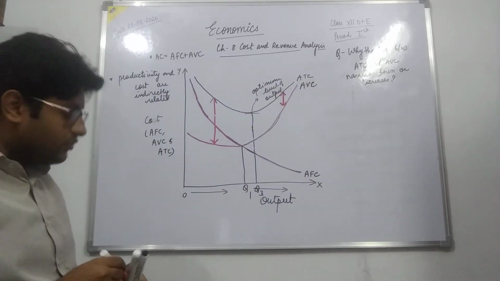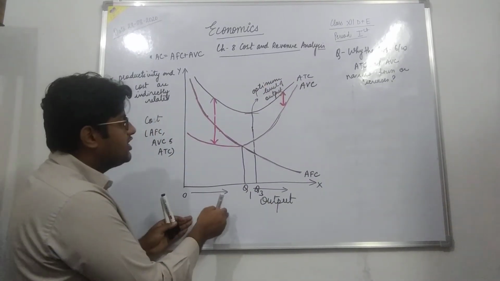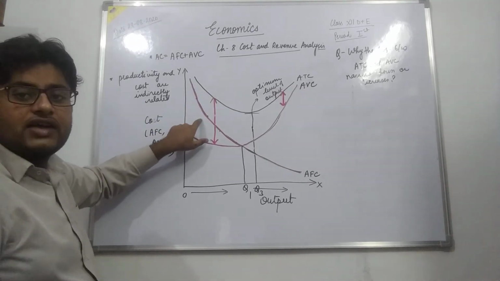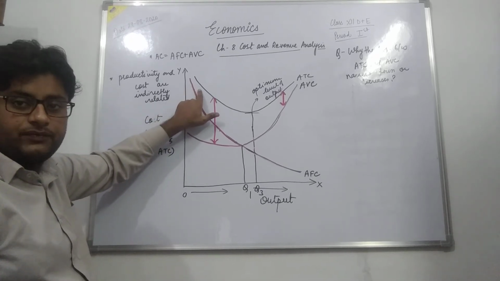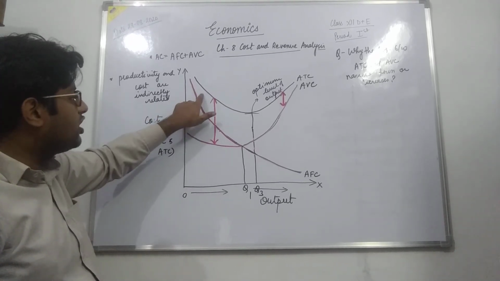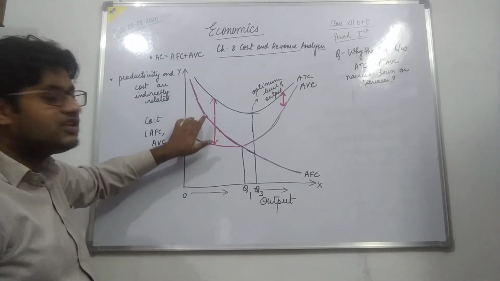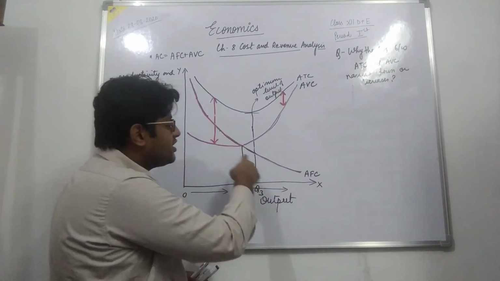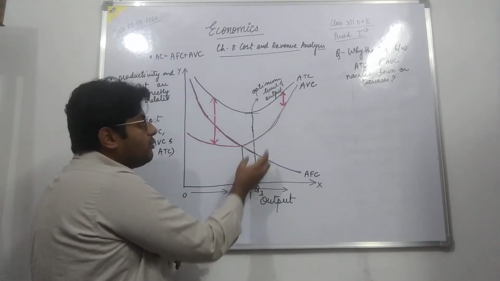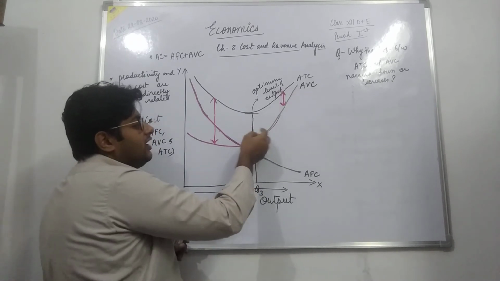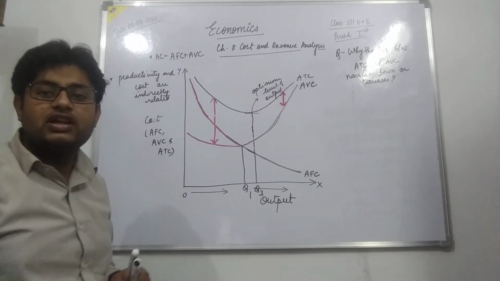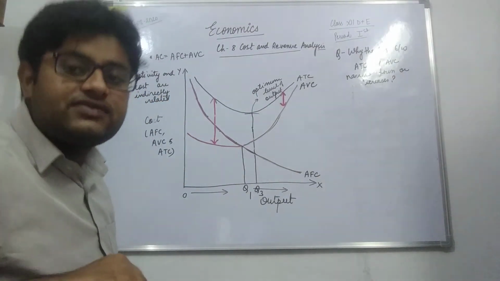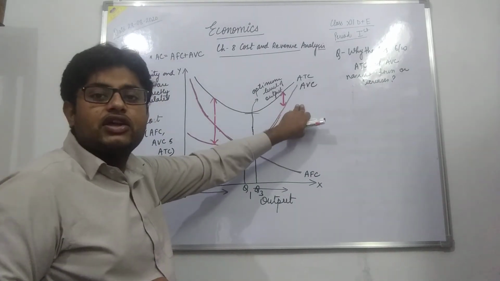So what I'm trying to say is that at the initial stages, the contribution of average fixed cost is more in average total cost. That means the percentage contribution of the average fixed cost in the average total cost is more, and at the later stages, since your average fixed cost continuously falls, the contribution of average variable cost increases in the average total cost. That is why they both start coming together.